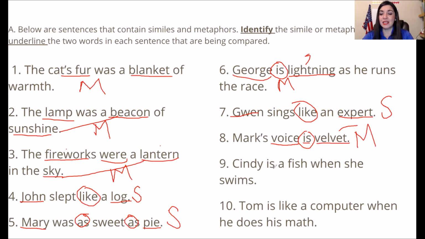Number nine, Cindy is a fish when she swims. Cindy is being compared to a fish, and she is a fish. Therefore, that is a metaphor. Number ten, Tom is like a computer. So Tom is being compared to a computer when he does math. So because it uses the word like, it is a simile.